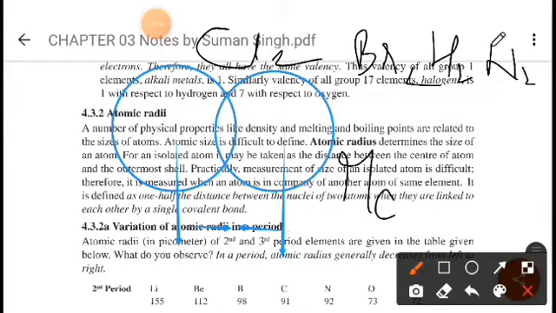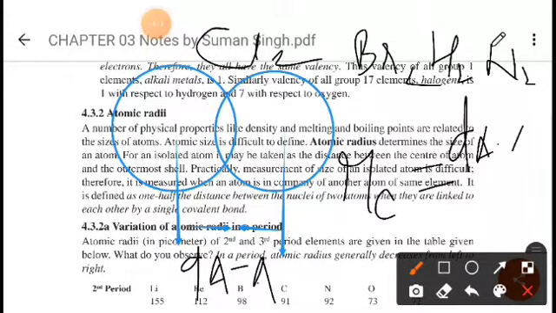Suppose this is the covalent radius. We represent the distance as d A-A dash. So the radius will be d A-A divided by 2. This is a simple formula from which we can calculate the covalent radius for homonuclear diatomic molecules.